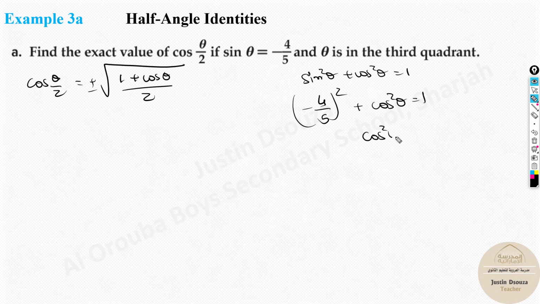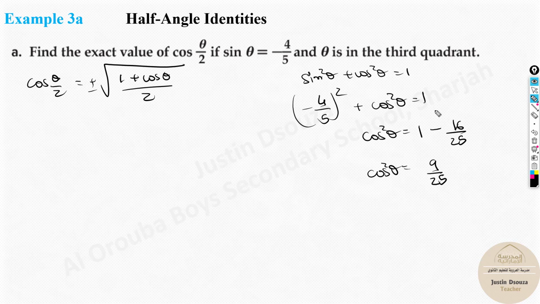Now cos squared theta equals 1 minus this. The minus is gone, because when you square it, negative times negative becomes positive. So 4 squared is 16 by 25. You're taking 16 out of 25 from a whole, so you're remaining with 25 minus 16, that is 9 by 25. That's the answer for cos squared theta.